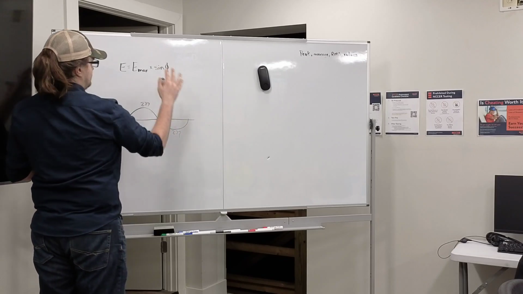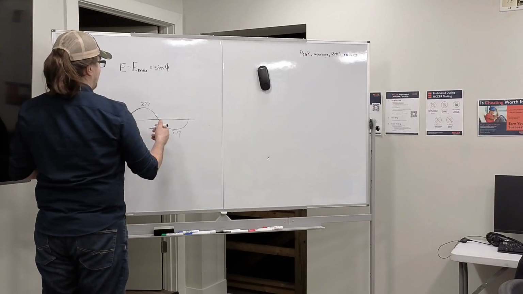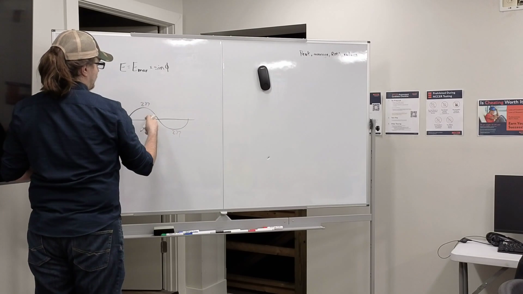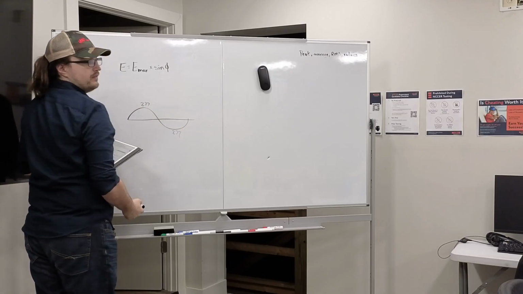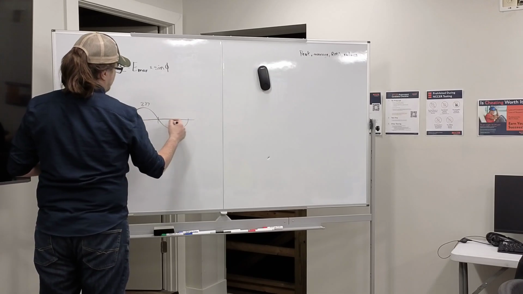The point of this wasn't to confuse you. The point was just that you can use this to find the voltage value at any point along the sine wave, just by figuring out where it is on the sine wave.